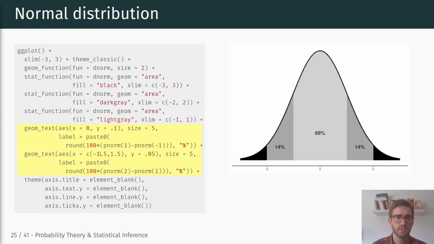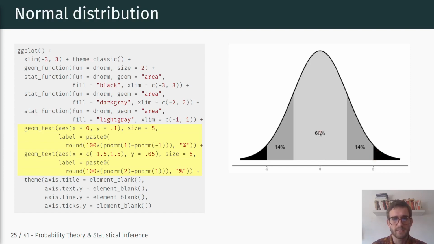In addition, what I'm doing here is adding the area for this dark gray area as the difference between the area up to x equal 2 and the area up to x equal 1. That would of course be both this area as well as this area, since the normal distribution is symmetric.